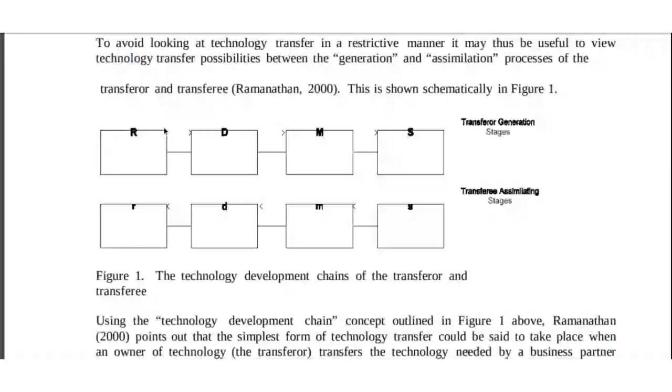Although they may be doing the research together, the transferer is the main participant in the process, but during the research they still allow the transferee to be involved. So the transfer can happen at any point.